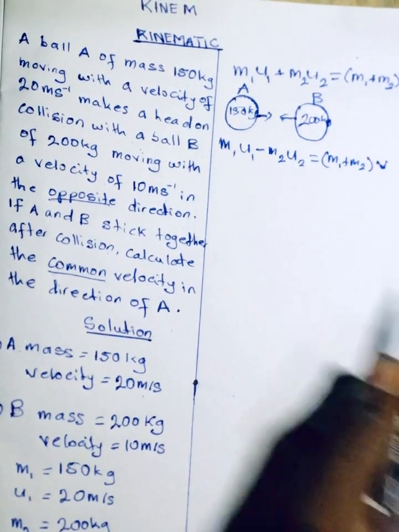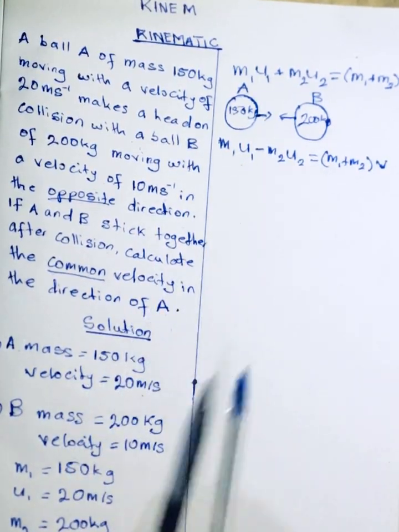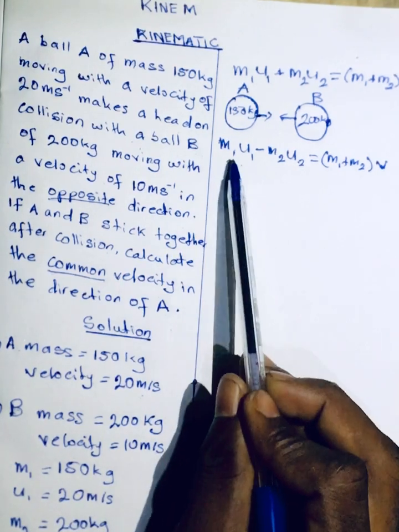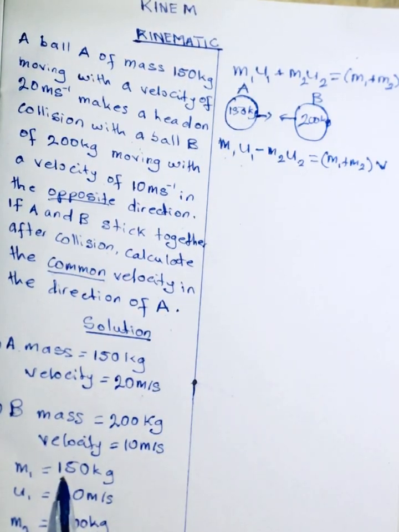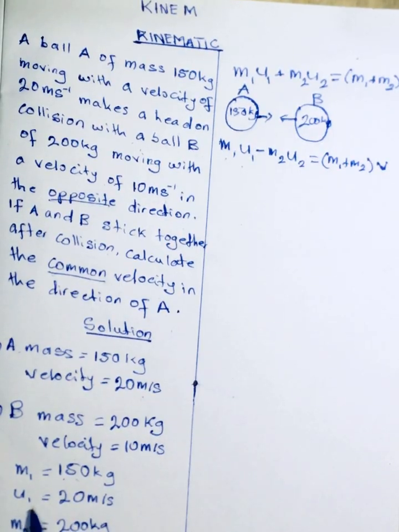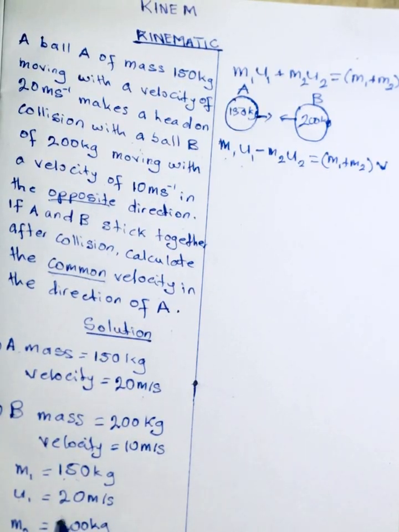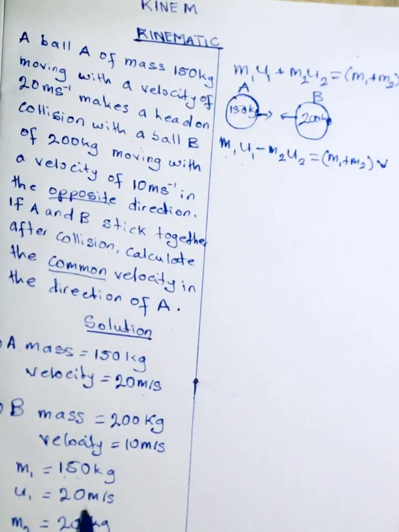The body A, the mass 1, is equal to 150 kilogram, and the initial velocity for body 1 is 20 meters per second.